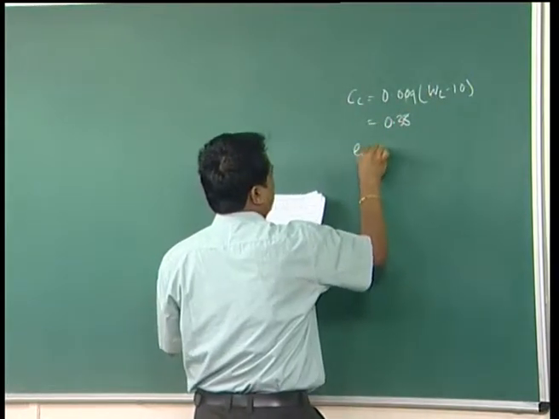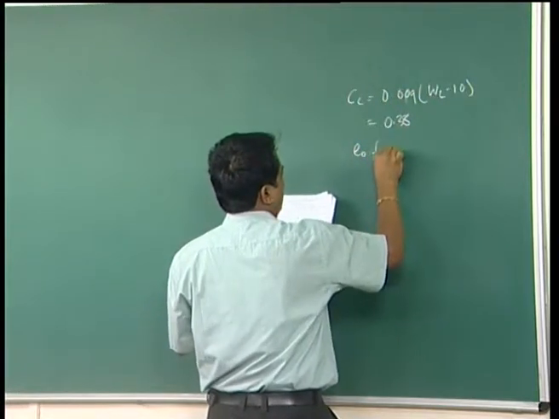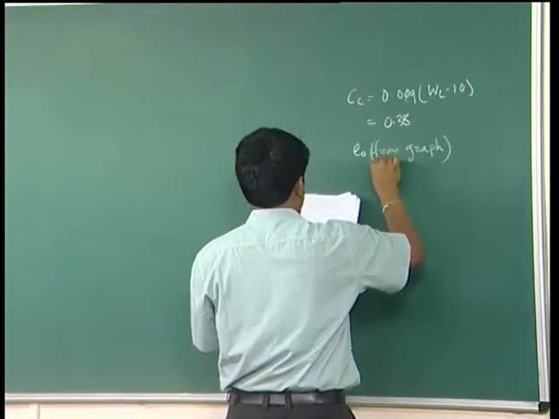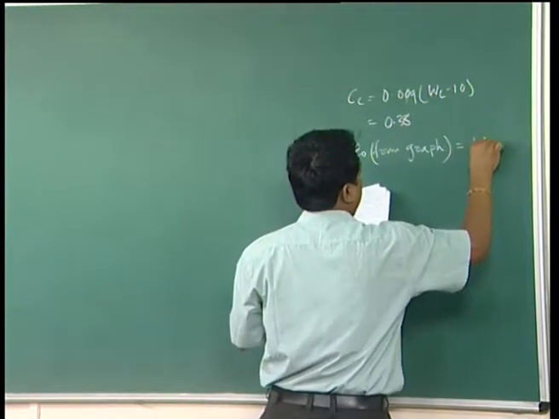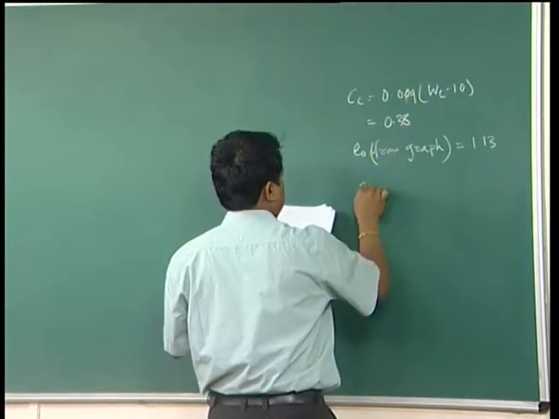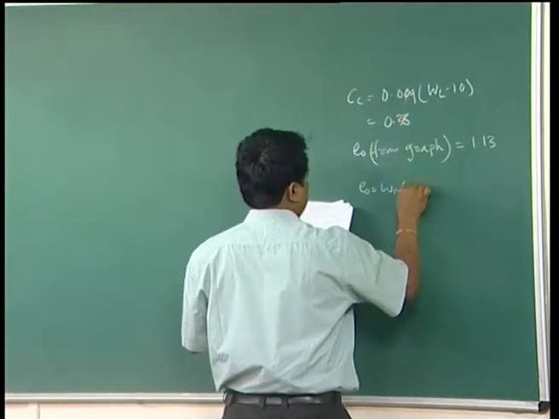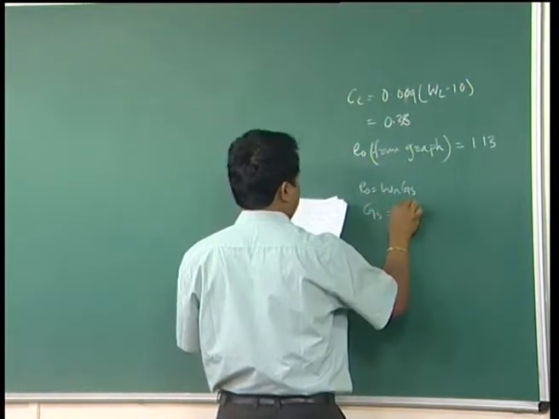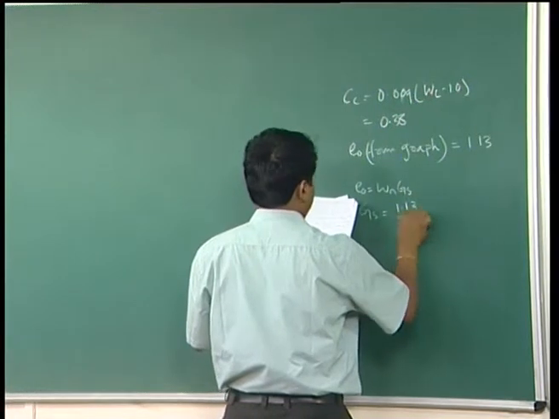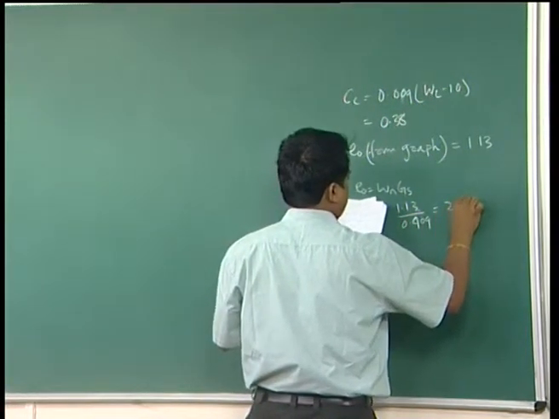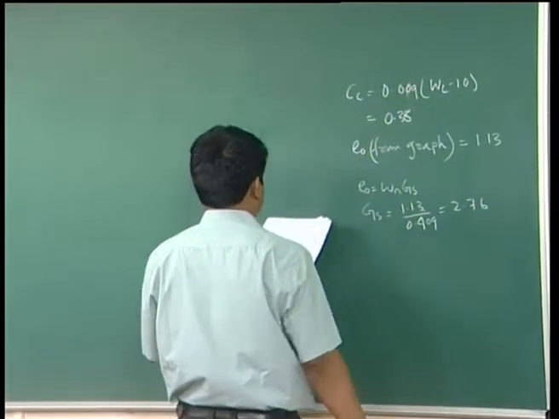E0 from graph is 1.13. So, E0 is equal to WN GS. So, GS is equal to 1.13 by 0.409, which is equal to 2.76.